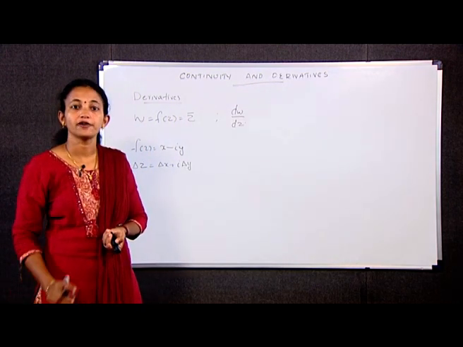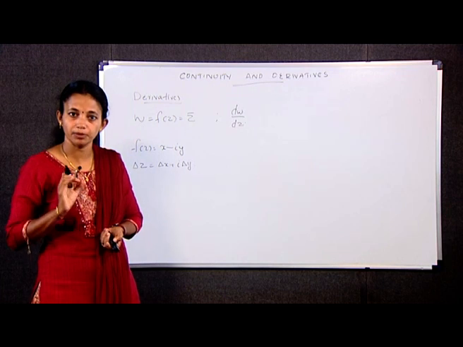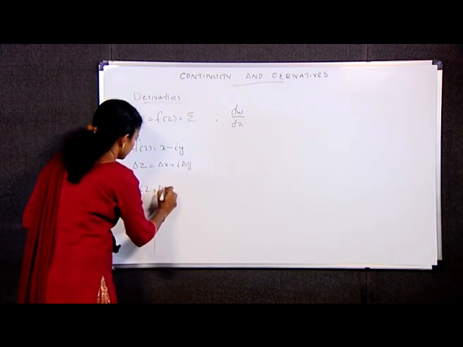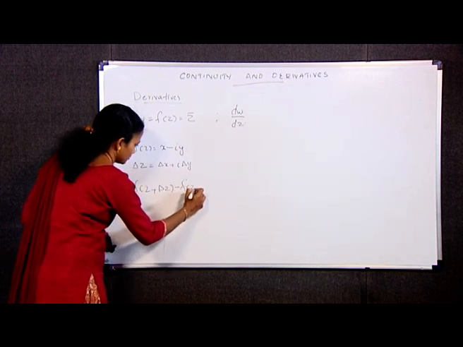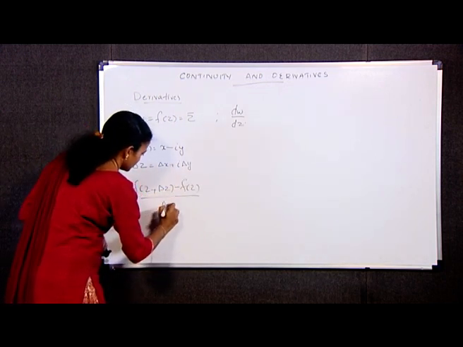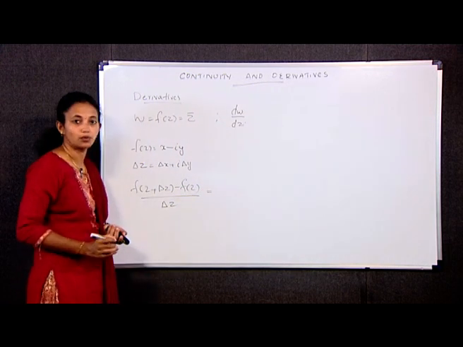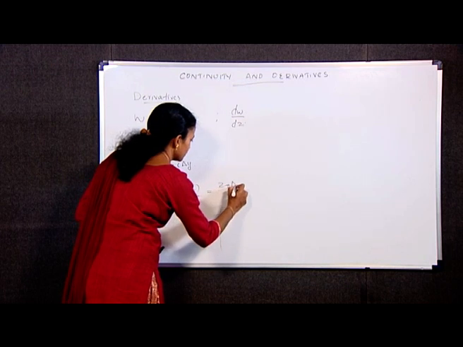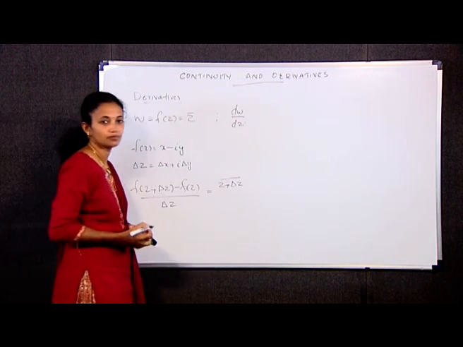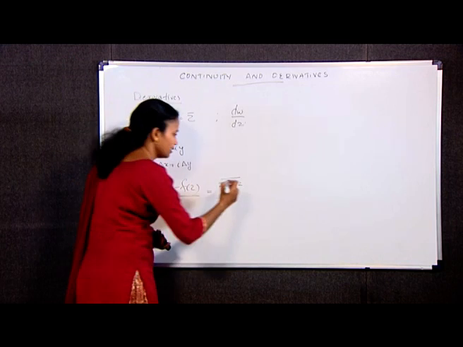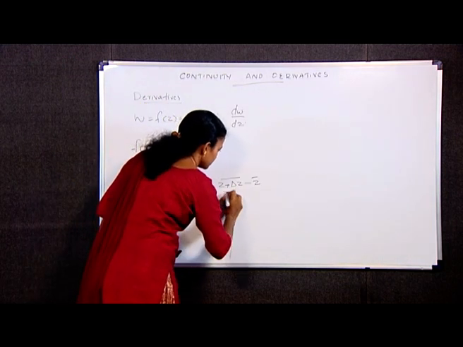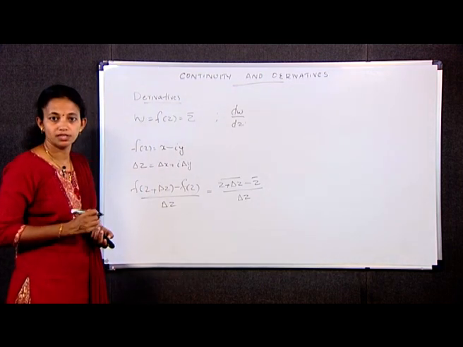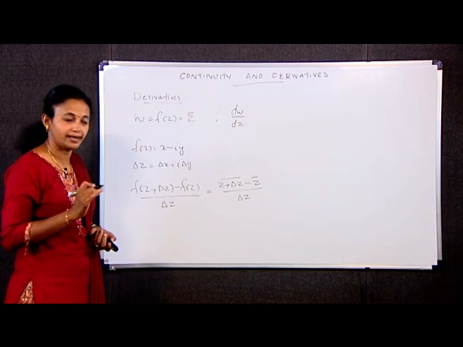And obtain f of z plus delta z minus f of z by delta z, which is equal to z plus delta z bar minus z bar by delta z, which is delta z bar by delta z.